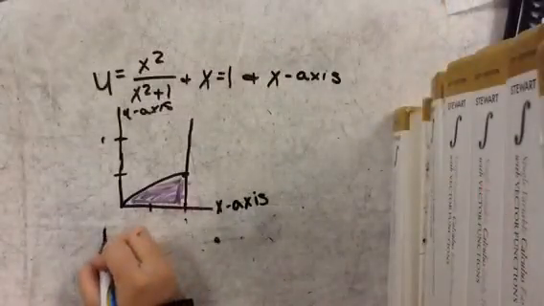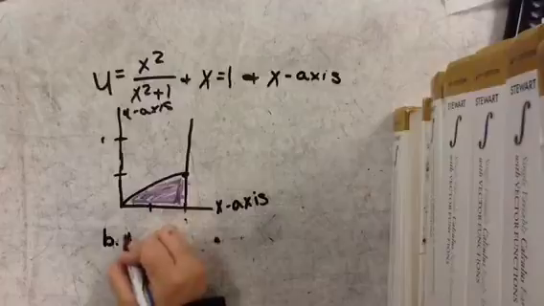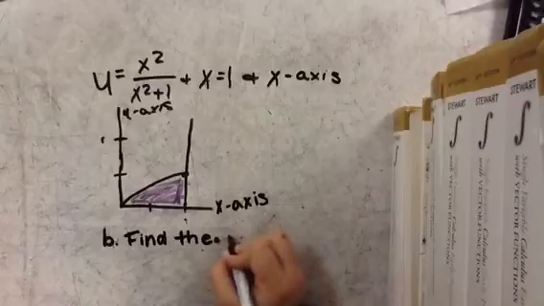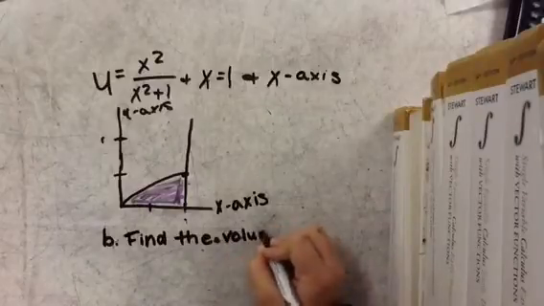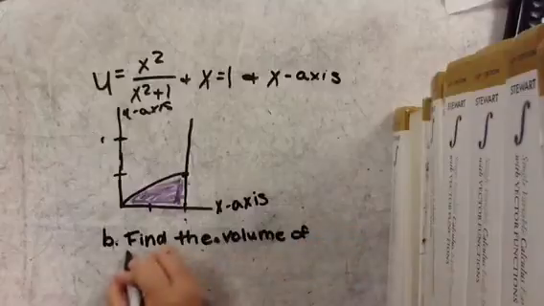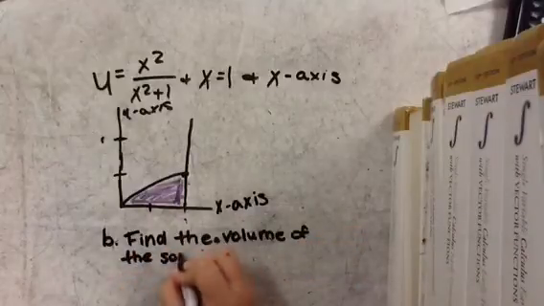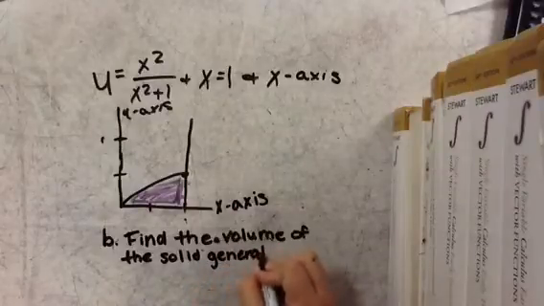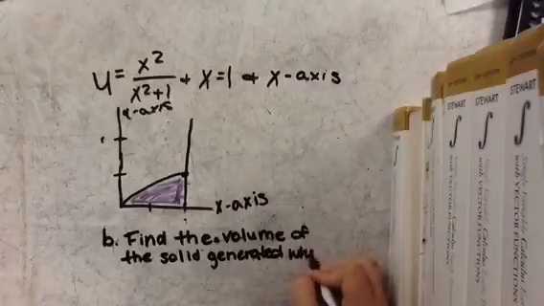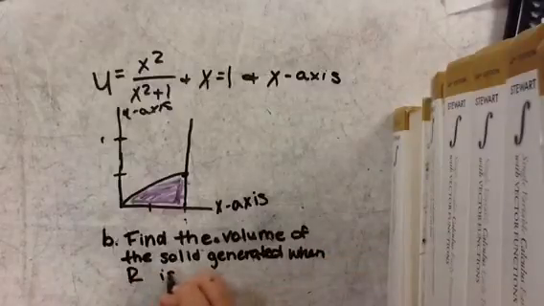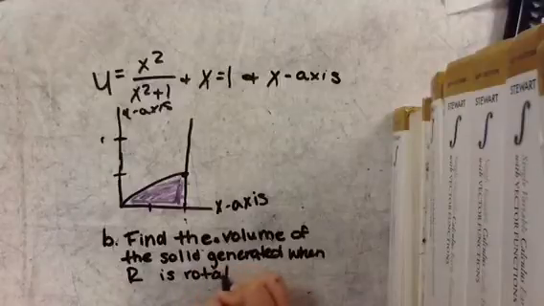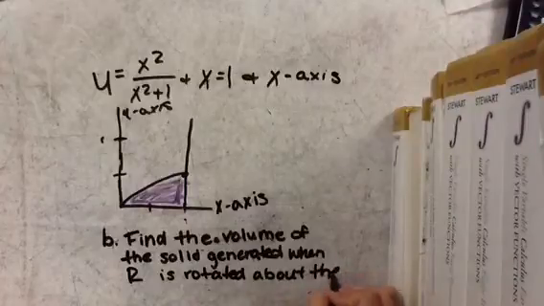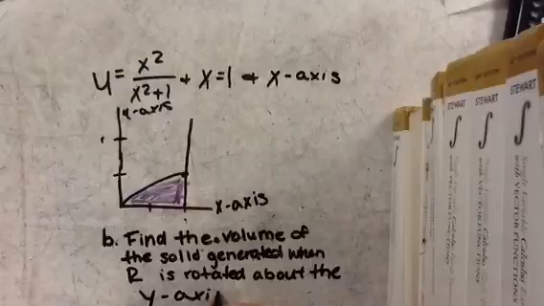So now we're going to solve part B, which states: find the volume of the solid generated when R is rotated about the y-axis.